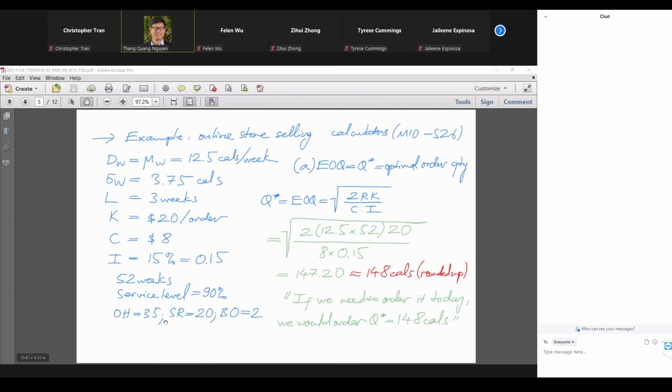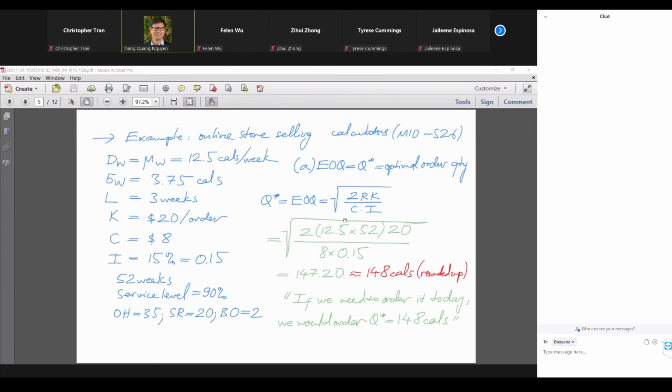On hand calculators is 35, and scheduled receipt is 20. Scheduled receipt means that today we are supposed to receive 20. We checked online and it says the calculators will be delivered today. So the scheduled receipt is 20 and the back orders is 2, right?